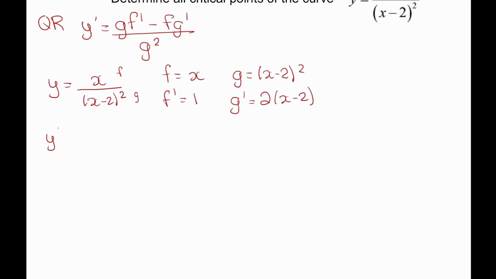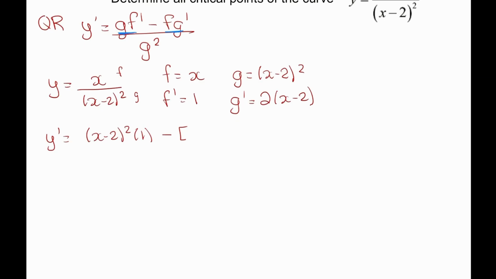So my first derivative will be equal to, so remember, we're looking up here and we're saying, my first part is low d high. So my low is my x minus 2 squared times the derivative of my top, which is just equal to 1, minus my top times the derivative of my bottom.